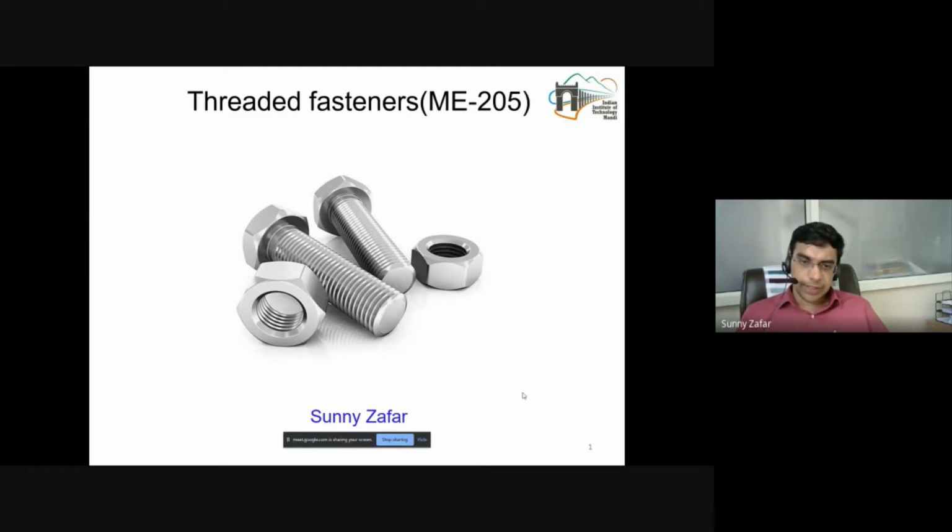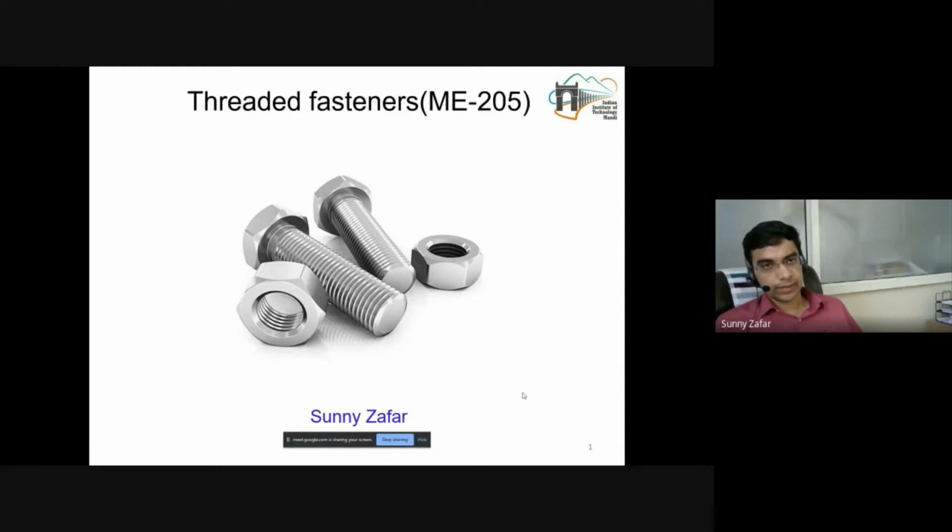As we understand from our previous knowledge, threaded fasteners are produced using different methods. One of the prominent methods is the machining method, in which we use a lathe machine and a single point cutting tool, which creates these threaded fasteners or external threads.